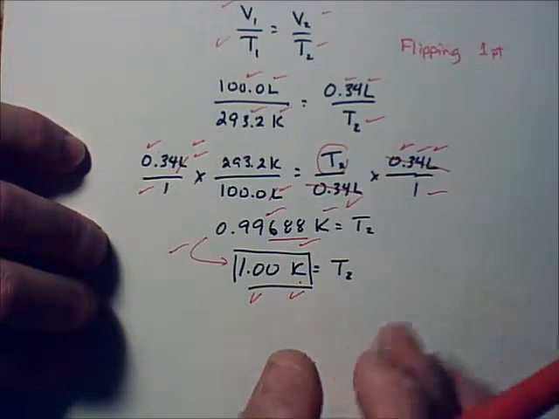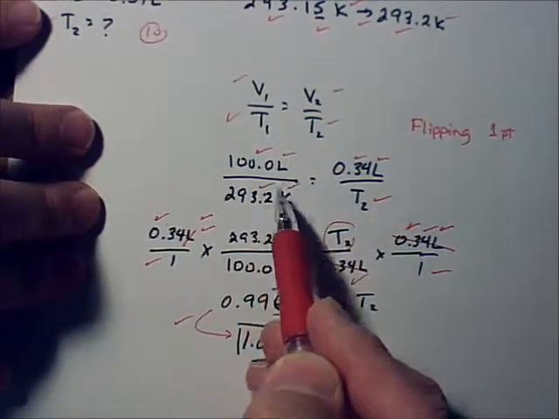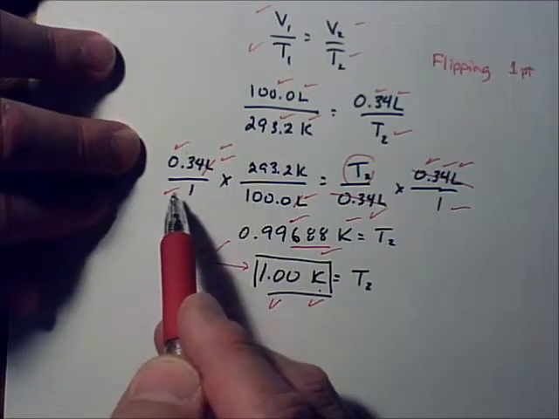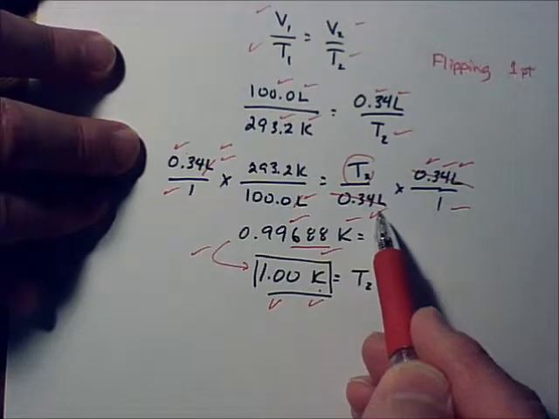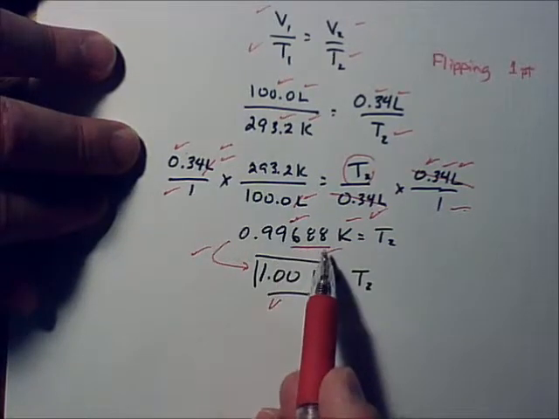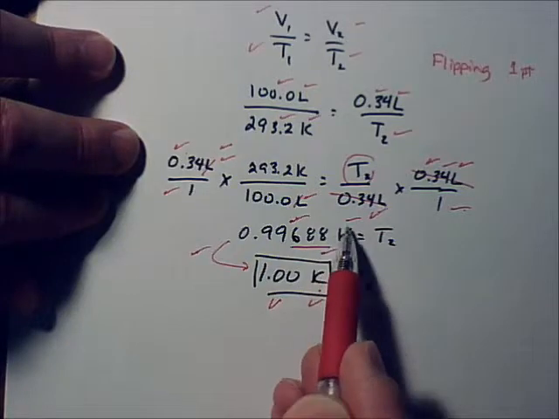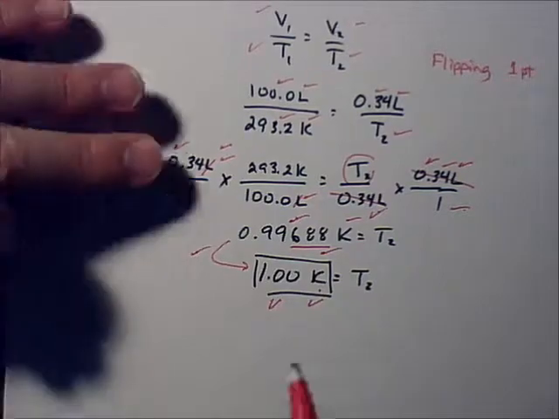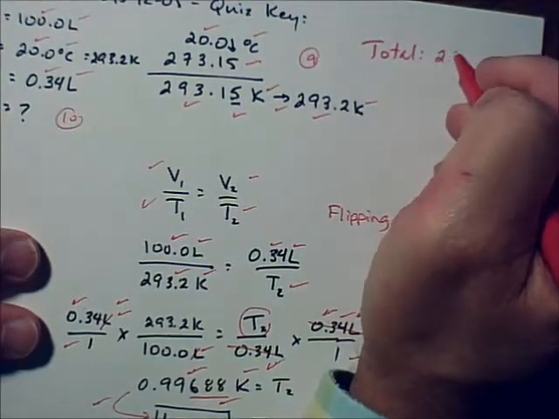All right. 1, 2, 3, 4. Flipping is 5, 6, 7, 8, 9, 10, 11, 12, 13, 14, 15, 16, 17, 18, 19, 20, 21, 22, 23, 24, 25, 26, 27, 28 points is what I've counted. Total is 28 points, including the 10 and the 9.